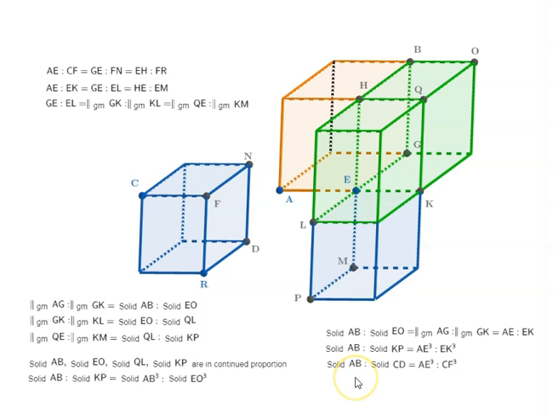So finally, we have shown that similar parallelepipedal solids are to one another in the triplicate ratio of their corresponding sides. So that is proposition number 33 of book 11 of Euclid's Elements.